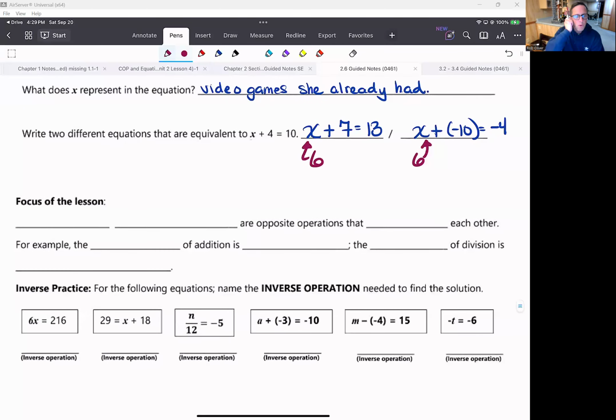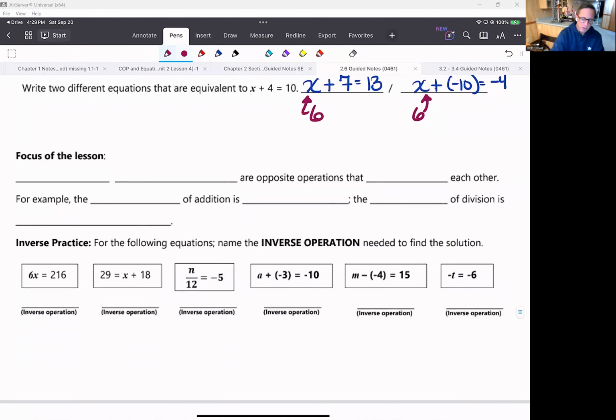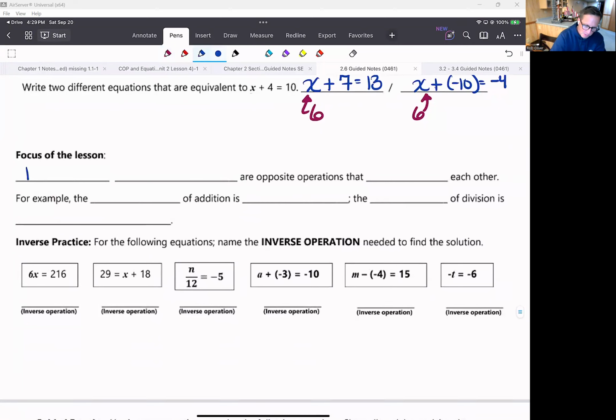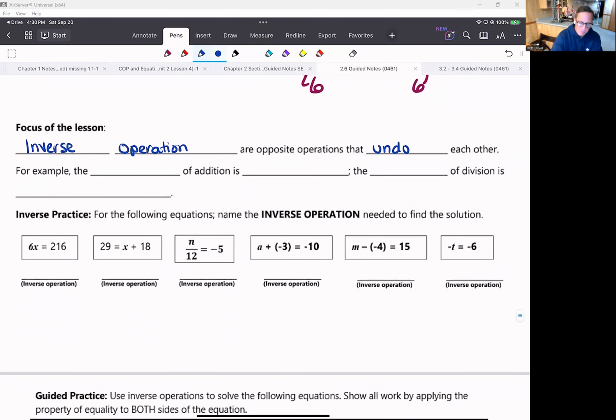Okay, the focus of the lesson. Inverse operations is really what the focus is on here. Inverse operations are opposite operations that undo each other, or in other words, cancel each other. For example, the opposite of addition is subtraction.